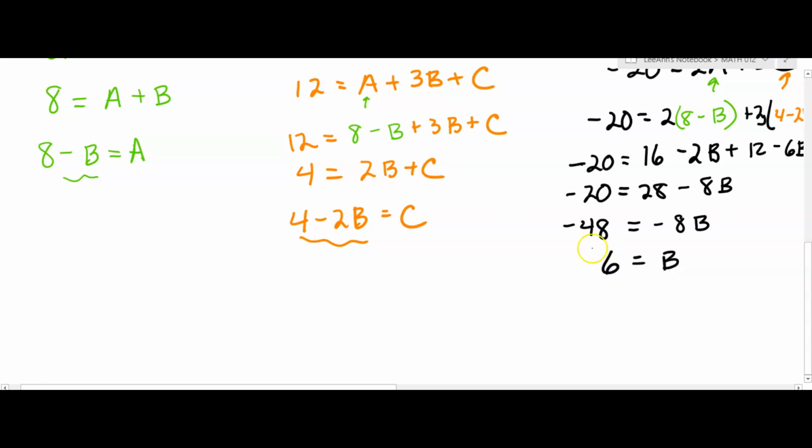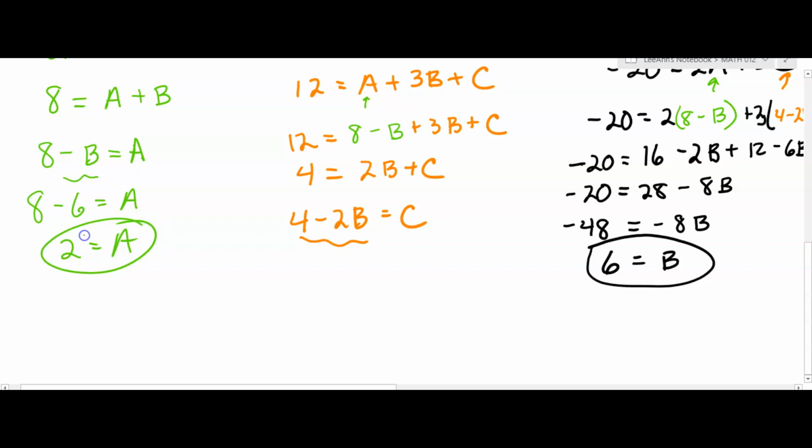Okay, so we know b is equal to 6. Then that makes it easier to find a, because 8 minus 6 is a, so we know 2 is a. And then we'll have to find c. You can just plug in the 6 right here. So you have 4 minus 2 times 6 equals c. So what's that? 12, negative 8 equals c. Okay, we have a, b, and c.